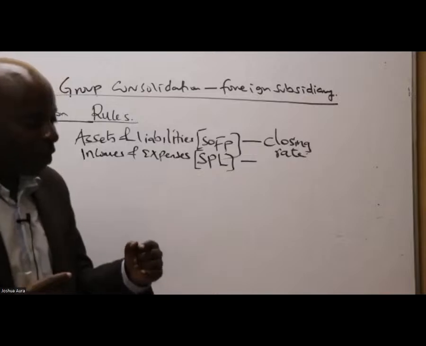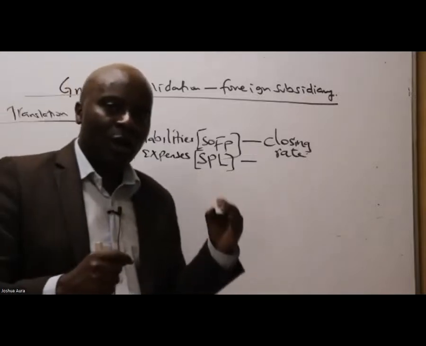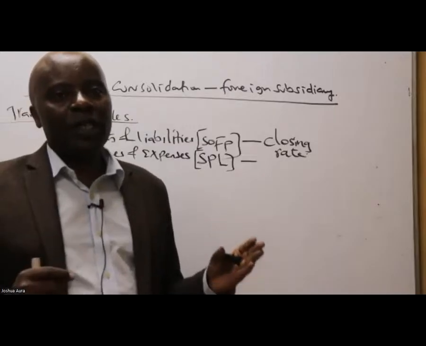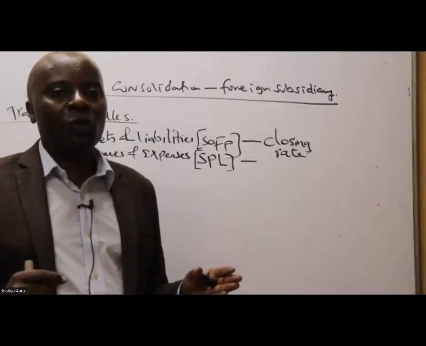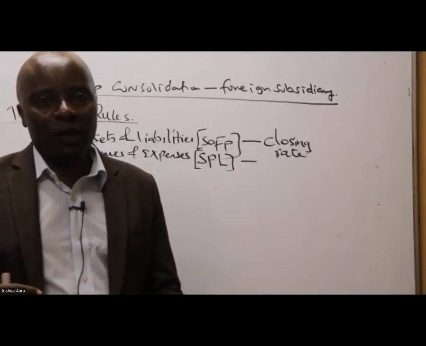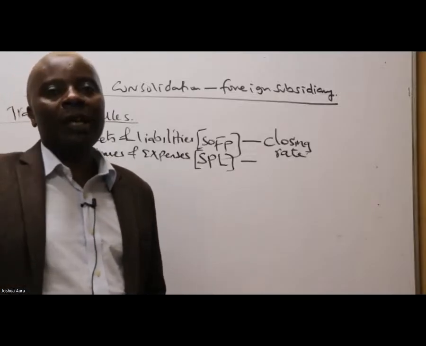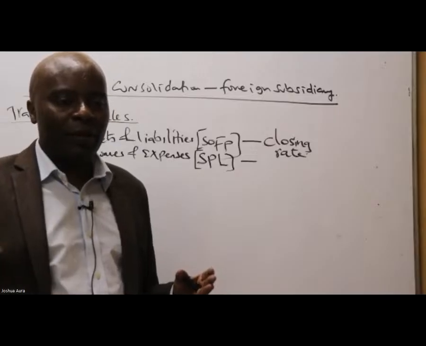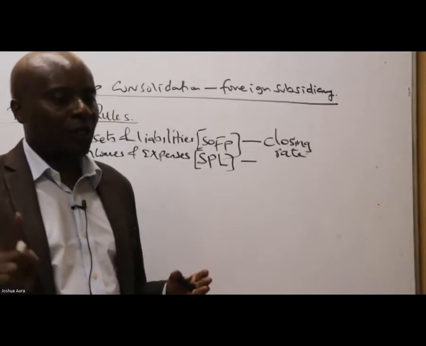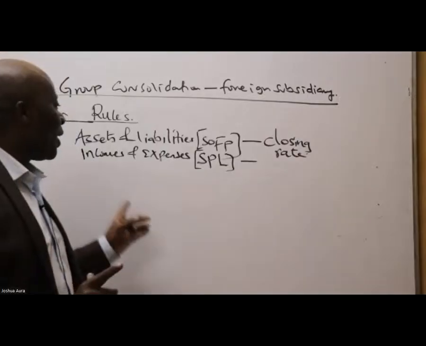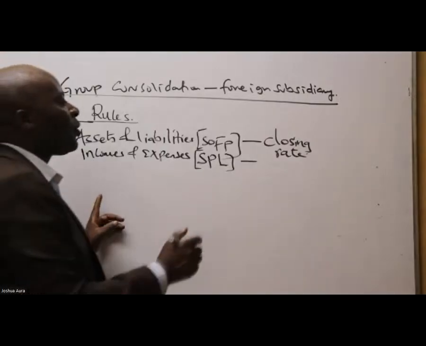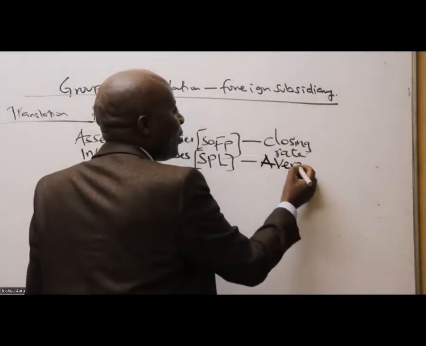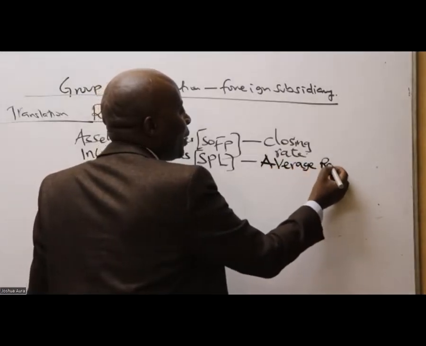You'll be getting, ladies and gentlemen, sales revenue coming to us on the 1st of January, sales revenue coming to us on the 5th of January, on the 12th of December, etc. So over the whole year, we have transactions. So always, incomes and expenses, we shall be translating them using the average rate. Using what, somebody? Using the average rate.